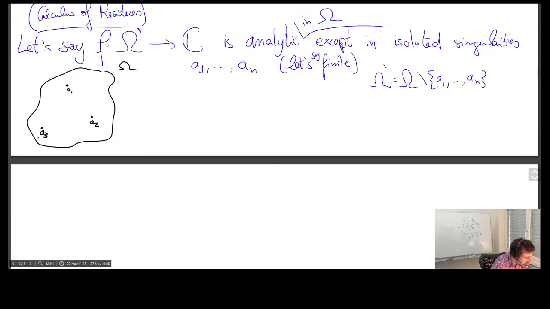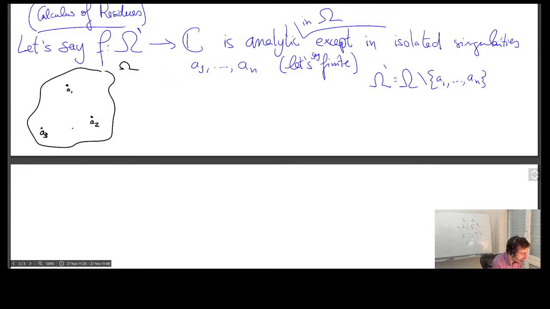So let's think now that omega is simply connected. But omega prime clearly is not simply connected, because it has these holes a1, a2, a3. The integral of a curve gamma will be given by integer linear combinations of the integrals around curves that just go around one of the holes.